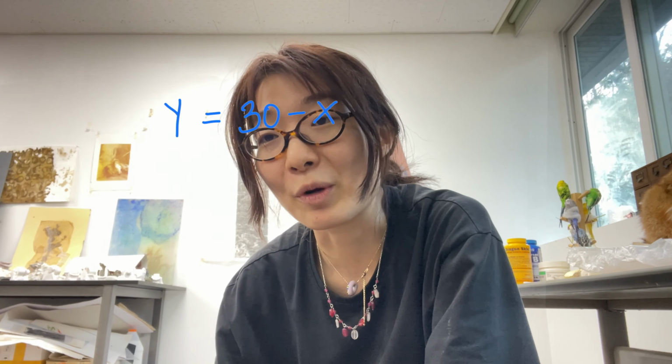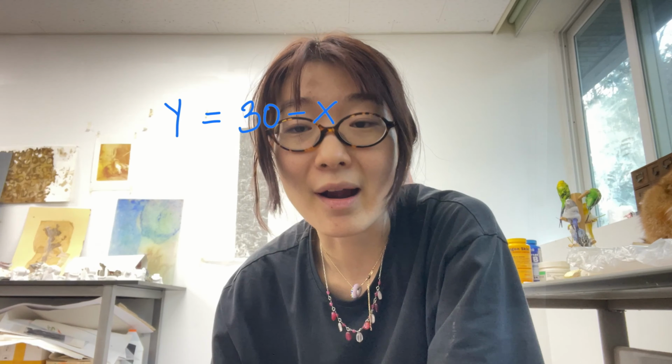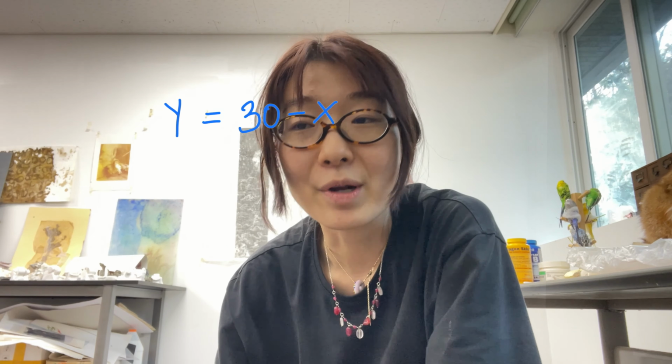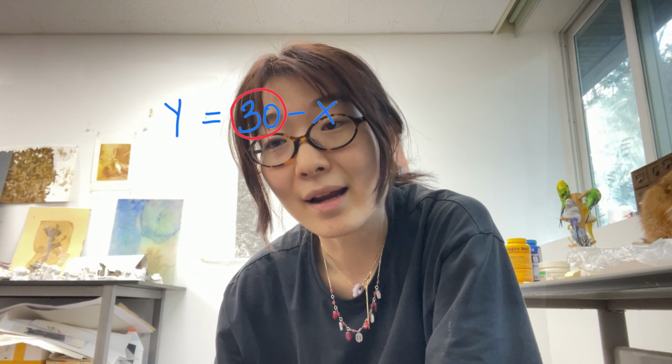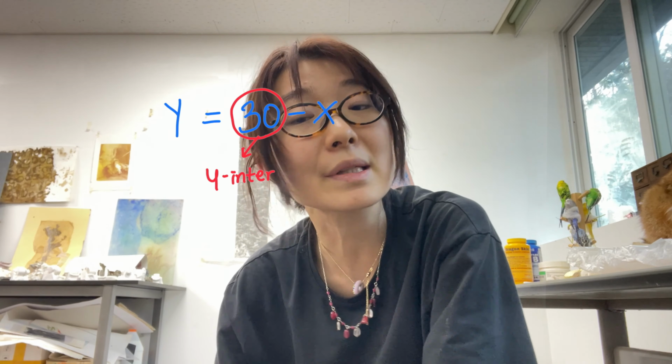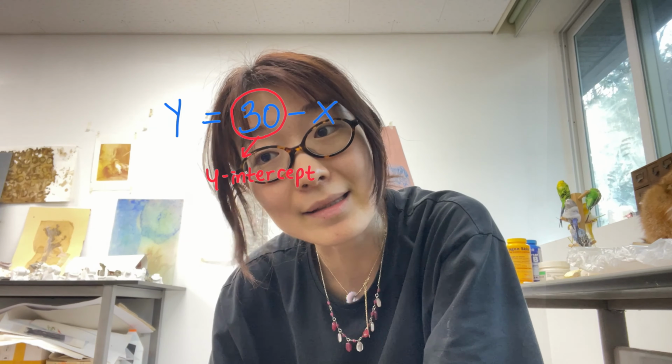So let x be the number of apple slices that Russell gets. And in this case, our output would be the number of leftover apple slices. And what you notice is that our function model would now become y equals 30 minus x.